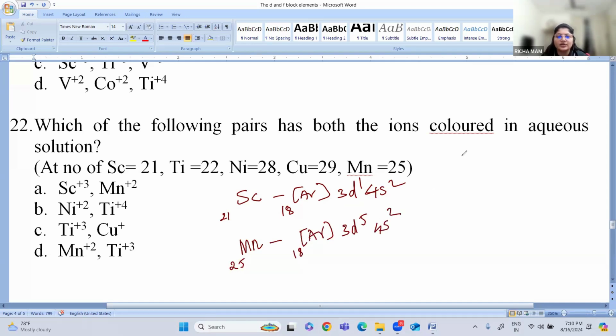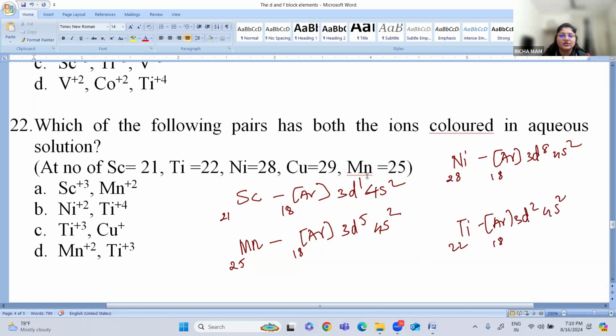Now here you have nickel 28, argon 18, 3d8 and 4s2. Then you have titanium. Titanium is 22. So you have argon 18, 3d2 and 4s2.